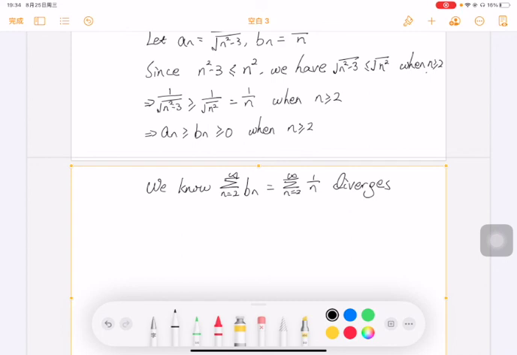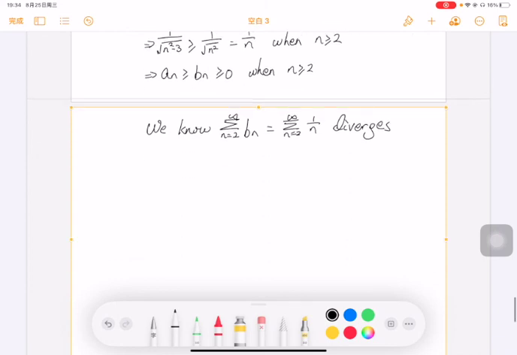Now, if you exclude one term, it makes no difference at all, because when you're talking about divergence and convergence, you really care about the infinitely many terms that follow. Taking away the first or second or third term doesn't really make a difference.